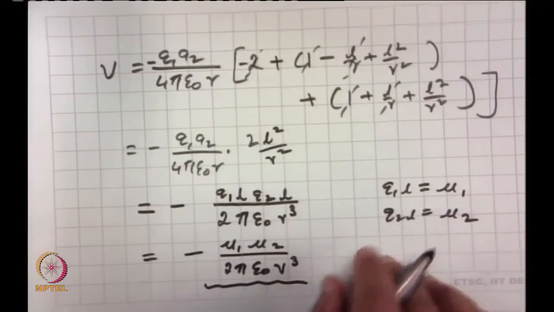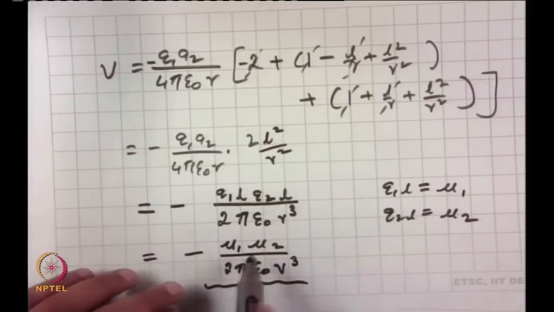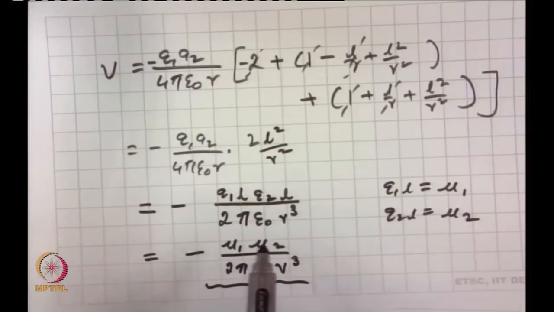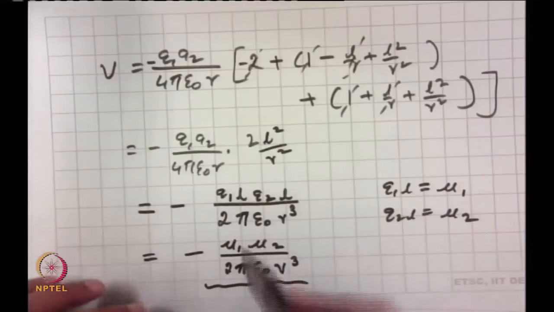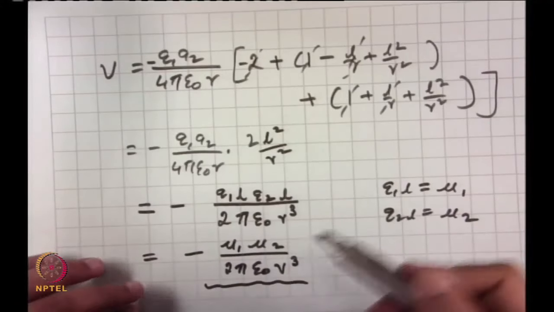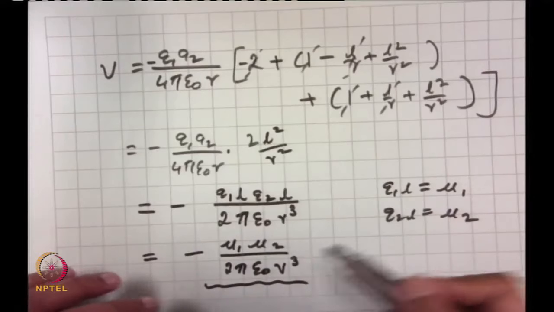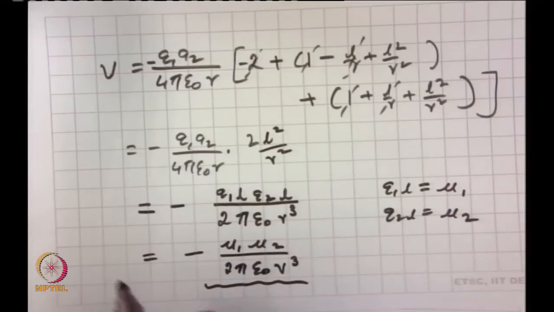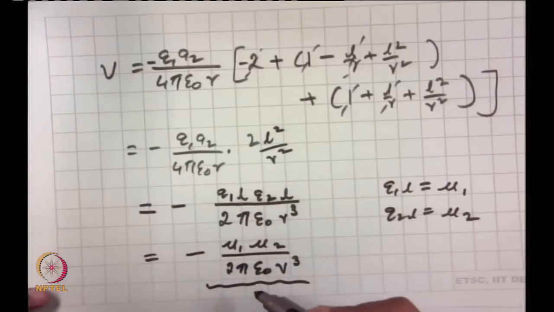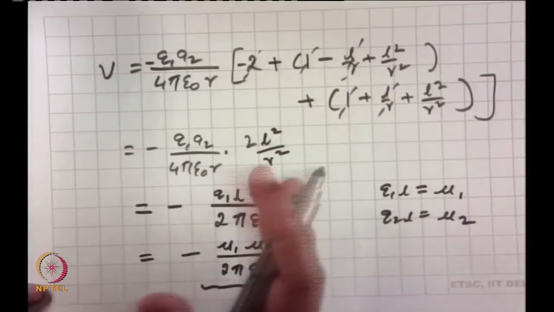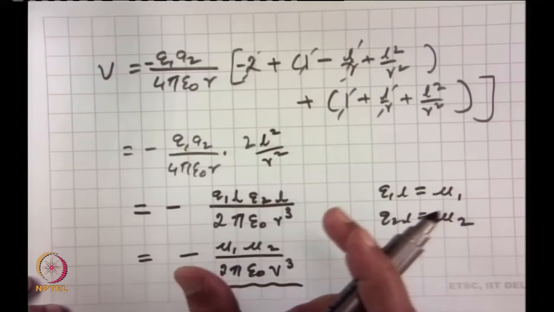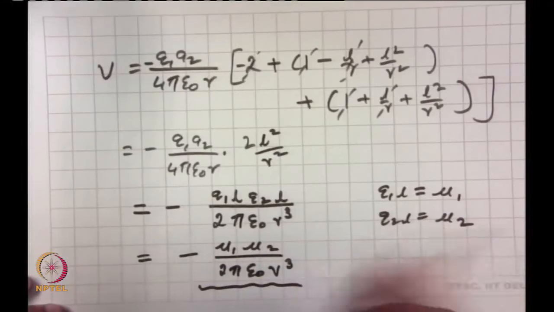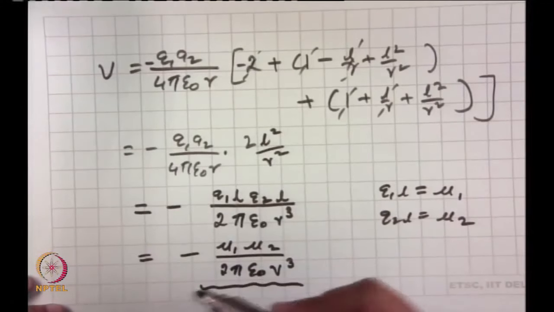So, this is the final form of the interaction between two dipoles. Think about the corresponding expression for a charge and a dipole. Here you have two dipoles with dipole moments mu1 and mu2. When you had a charge and a dipole moment, you had mu1 times q, and then there was a cosine theta term which came from the angular orientation. It is very easy to understand. You start from Coulomb's law, q1 q2, two charges, you go to an ion and dipole, with a dipole moment mu1 and an ion charge q, and then you go to two dipoles with dipole moments mu1 and mu2.